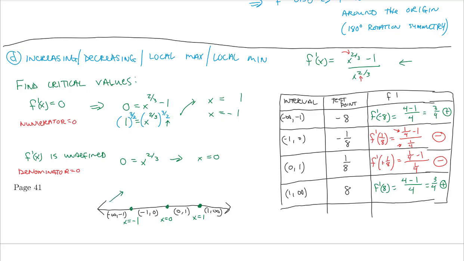So let's go ahead and transfer those positive and negative parities to our original number line here. This is a number line of f prime. So we have increasing from -infinity to -1, and from 1 to infinity, and decreasing from -1 to 0, and 0 to 1.